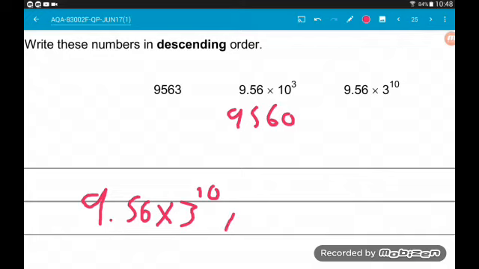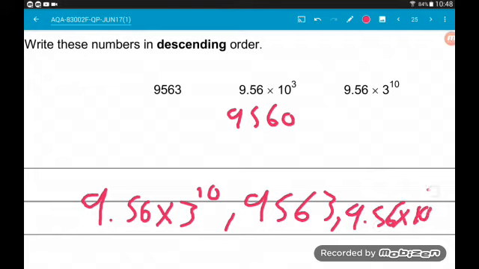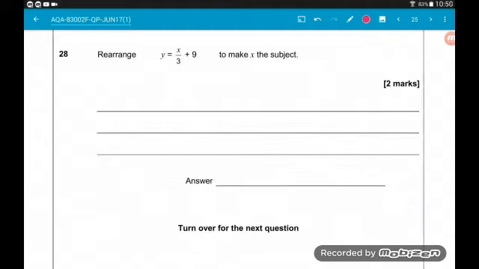Then we've got 9,563. And then we've got our 9.56 times 10 to the 3 as our smallest. Job's a good one.